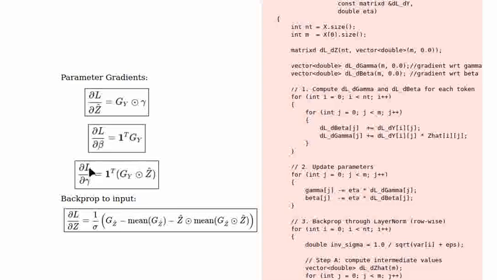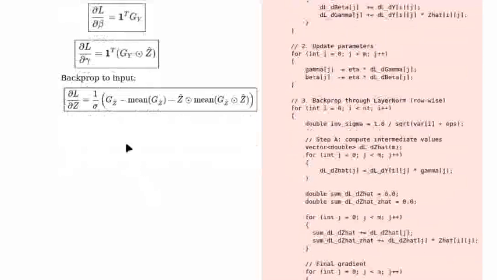Similarly, dL/dgamma is 1 transpose times gy element-wise multiplication with c hat. Okay. So again, this becomes a row vector. It's the sum over the columns of this product. And backprop input, which will be used for the next stage.